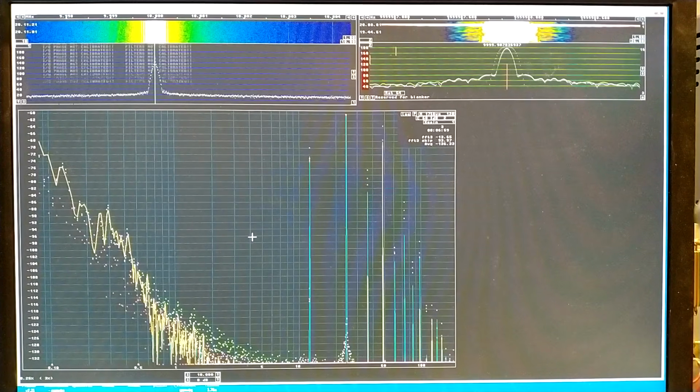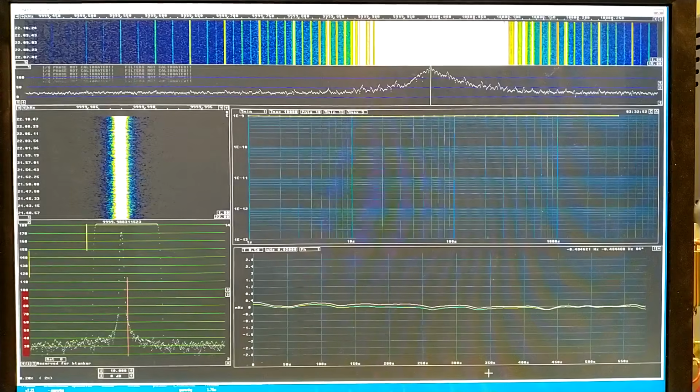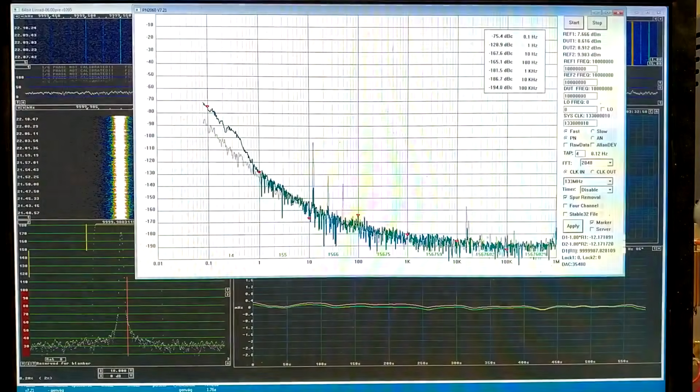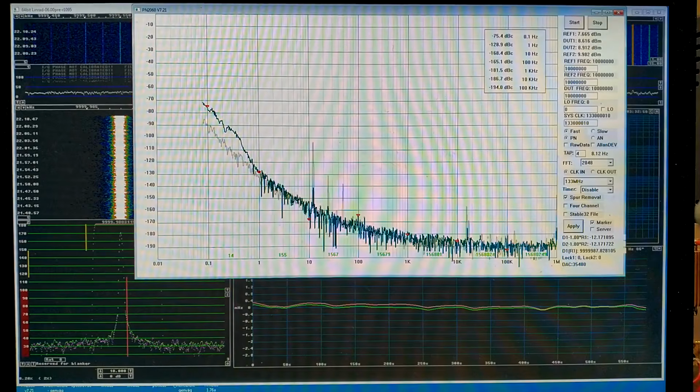I will wait some time to compare the PN2060 and this Linrad noise with what I had before. Frequency versus time looks very similar. I look at the phase noise. It also looks quite the same.